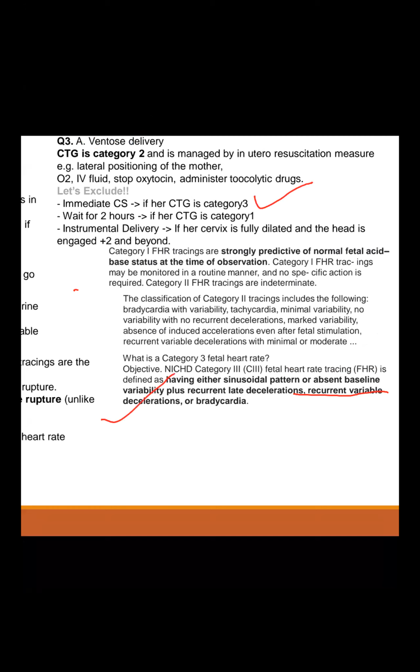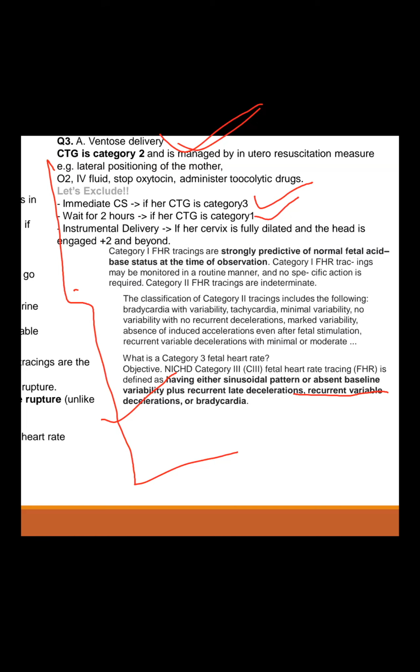If CTG category 1, we can wait for 2 hours. But here, it is not CTG category 1. Here, all are normal except the contraindication, which is previous history of cesarean section. So we have to manage by ventouse delivery. Okay.